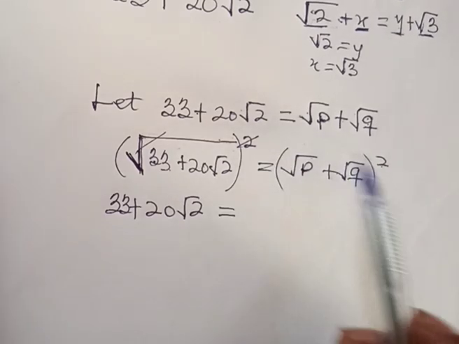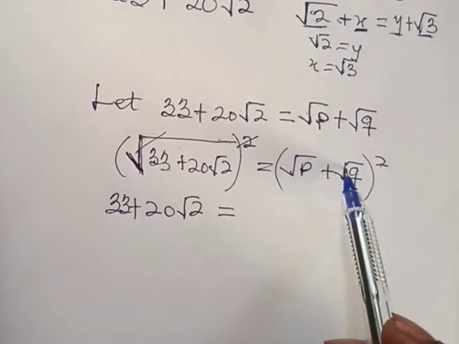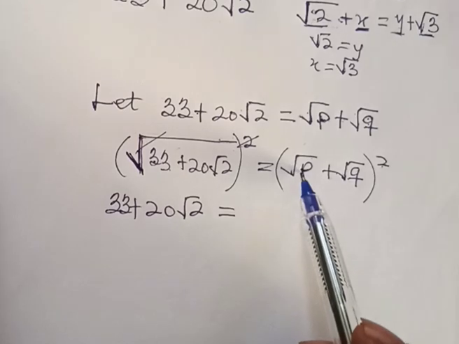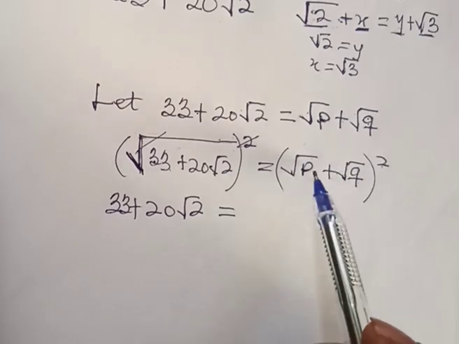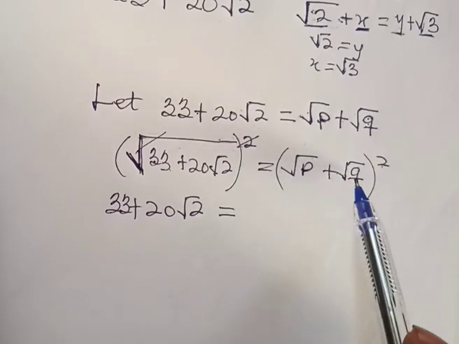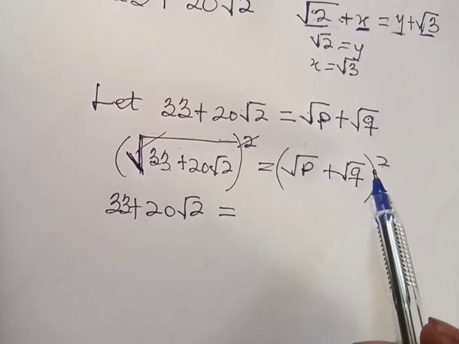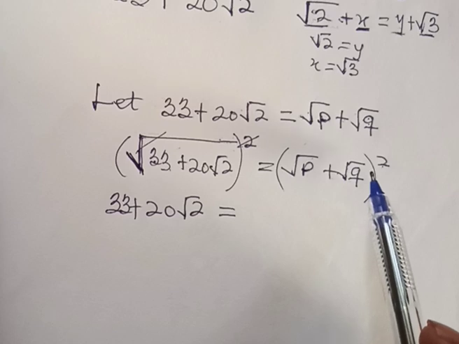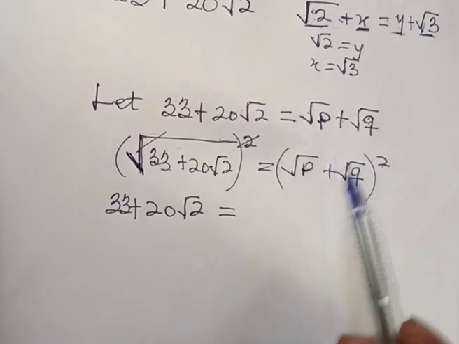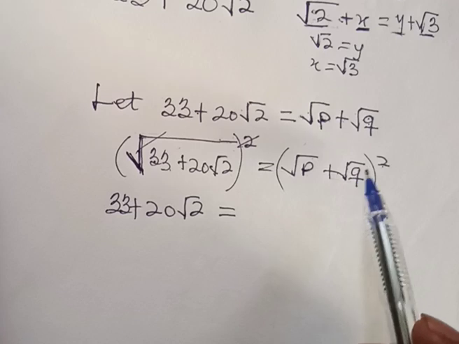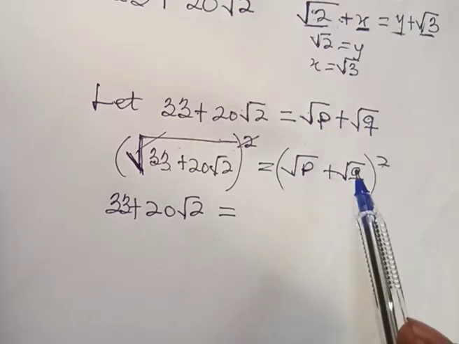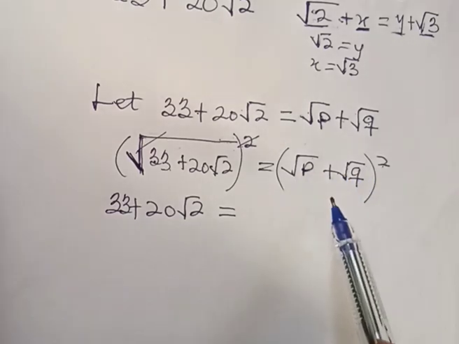When they see this, they will square this alone and square this alone, so they get P plus Q, which is totally wrong. I've already explained and given you examples on how you go about this kind of example. So I don't expect you to make such mistakes again.